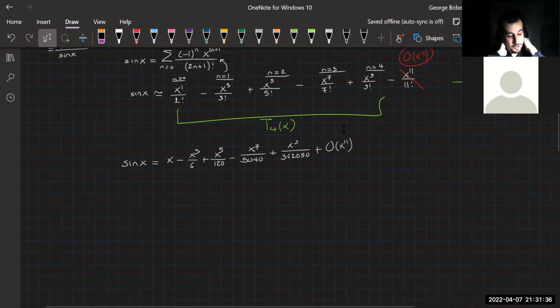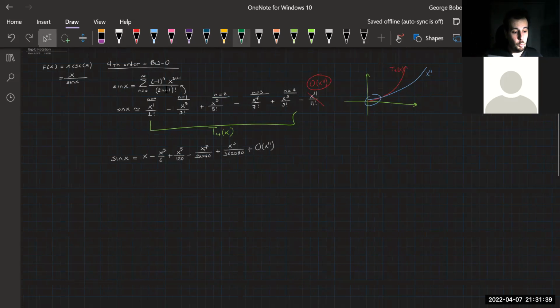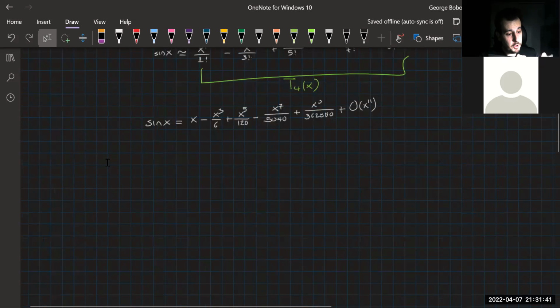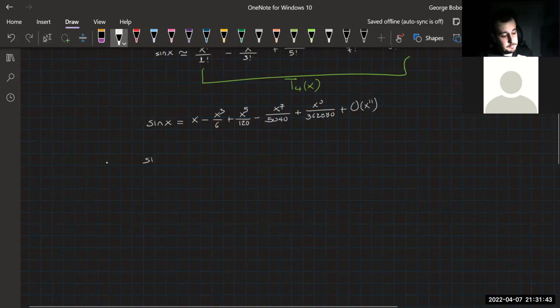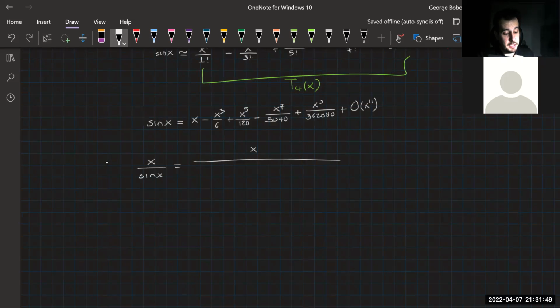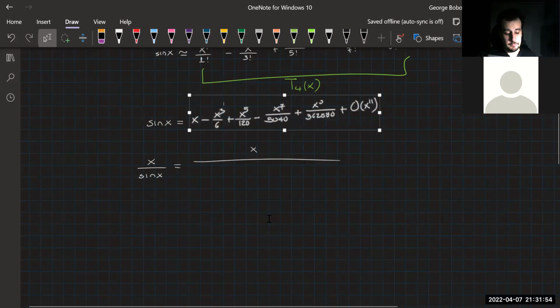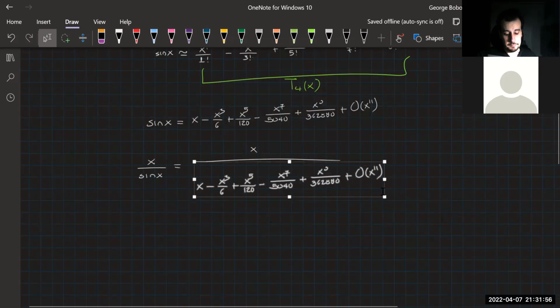Okay. All right. So when we actually now want to find x over sine of x, it's the equivalent of taking x and dividing it by all this stuff over here, as you can see.